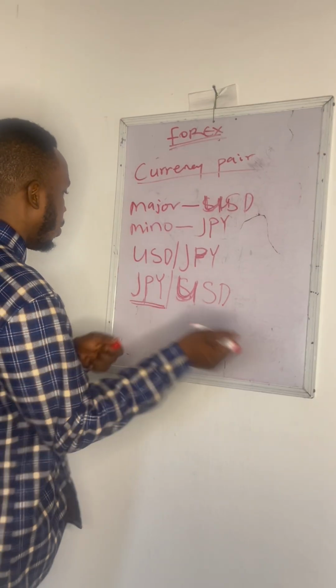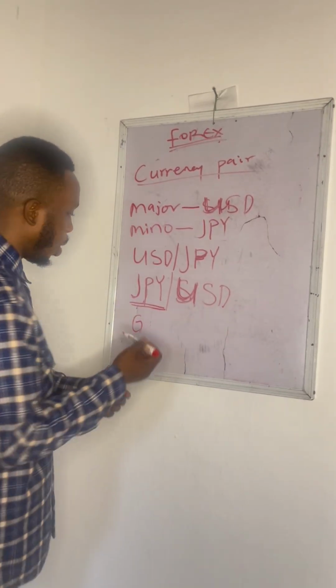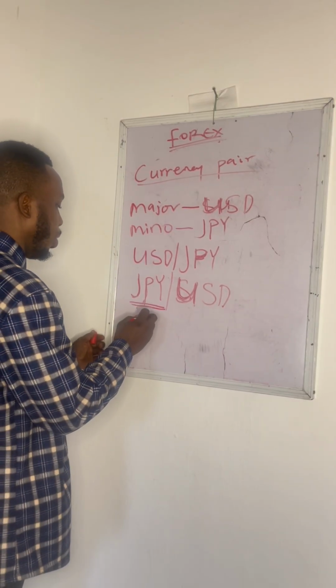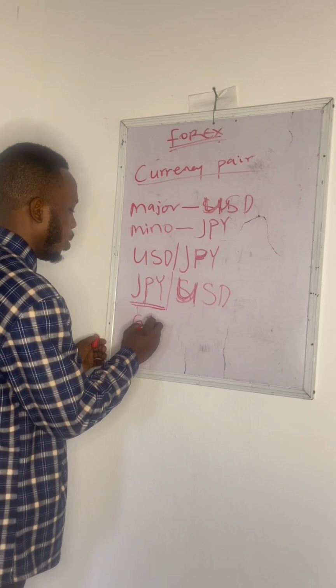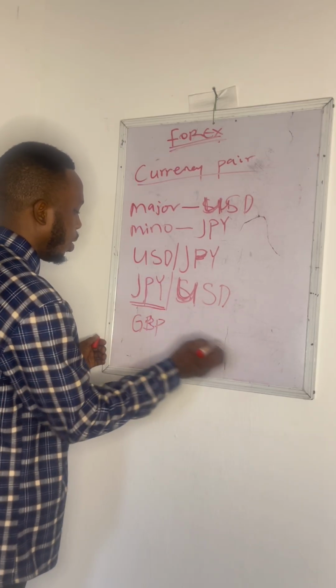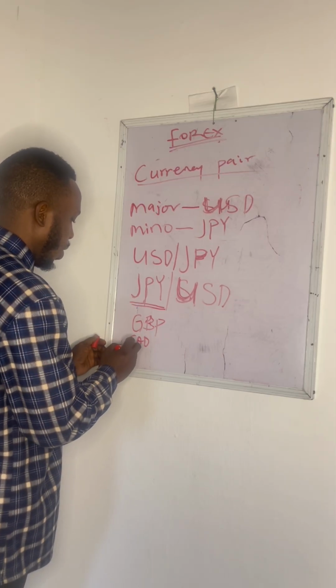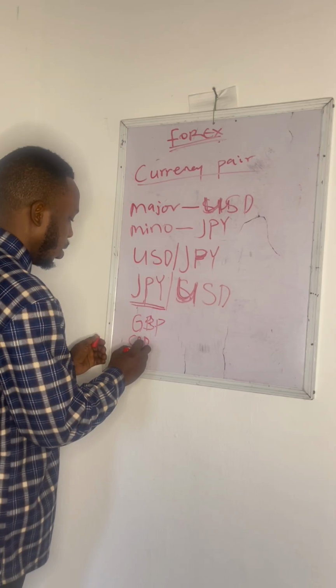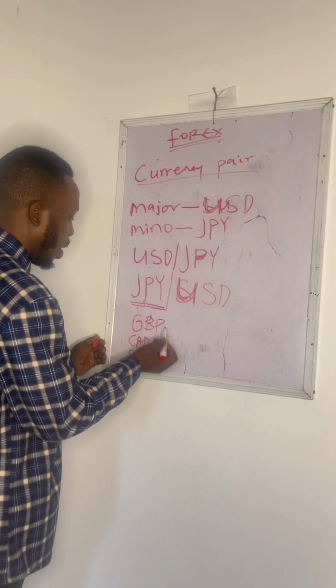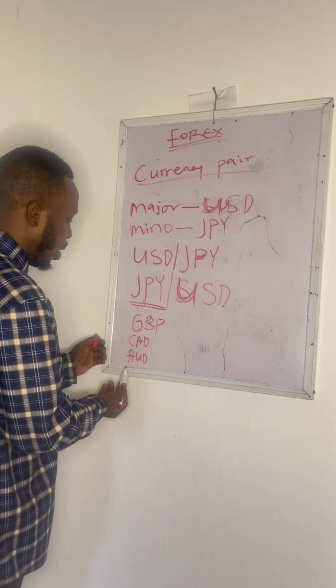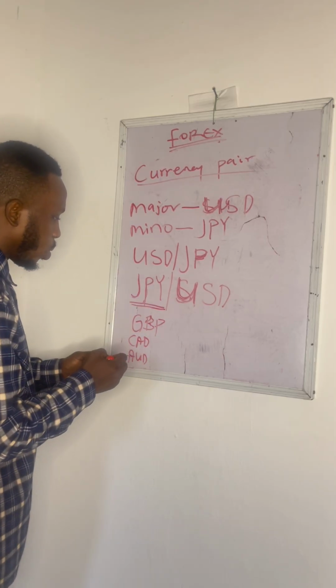So we can also have other currencies. We have other country currencies to be GBP, we'll have the CAD, we'll have the AUD: the Great Britain pounds, Canadian dollar, and Australia dollar. A lot of them.